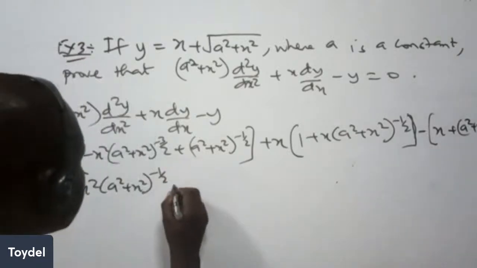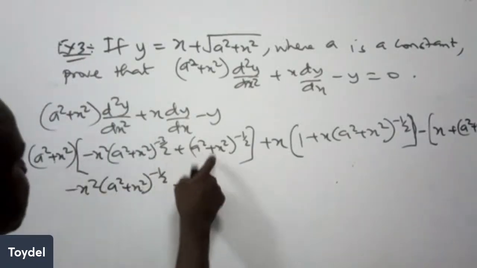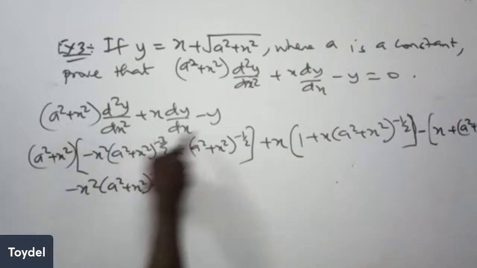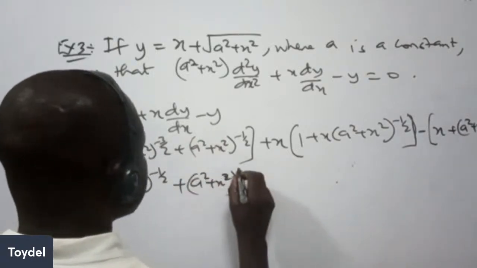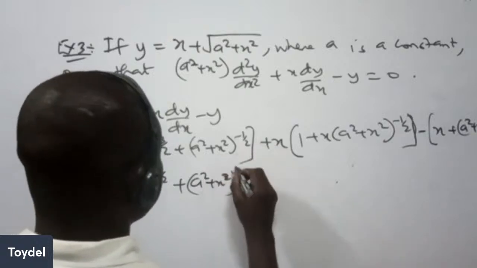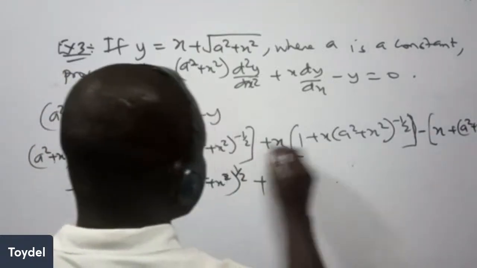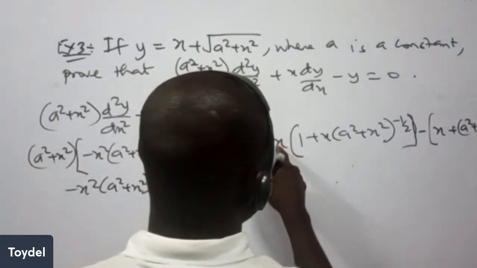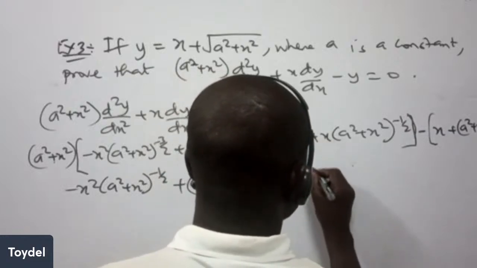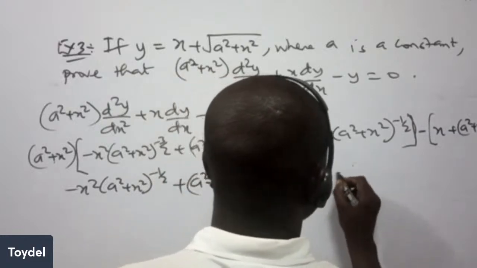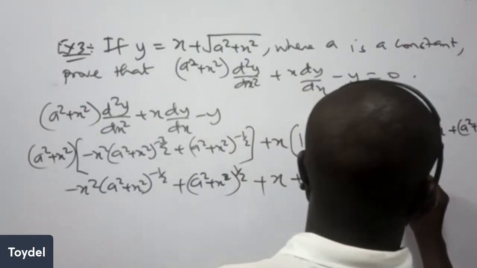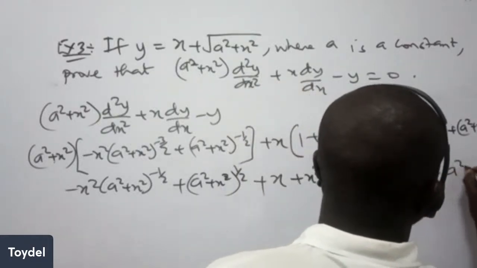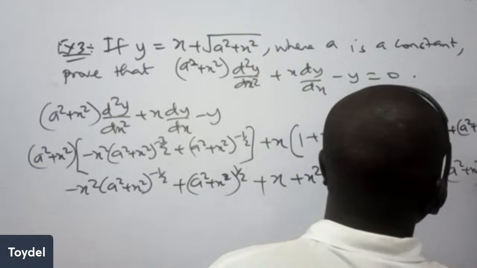Then plus, if I use this to multiply this raised by 1/2, I'm going to get (a² + s²)^(1 - 1/2), that is half. Plus, if I do this, I'm going to get x times x will be plus s²(a² + s²)^(-1/2). Then minus x minus (a² + s²)^(1/2).